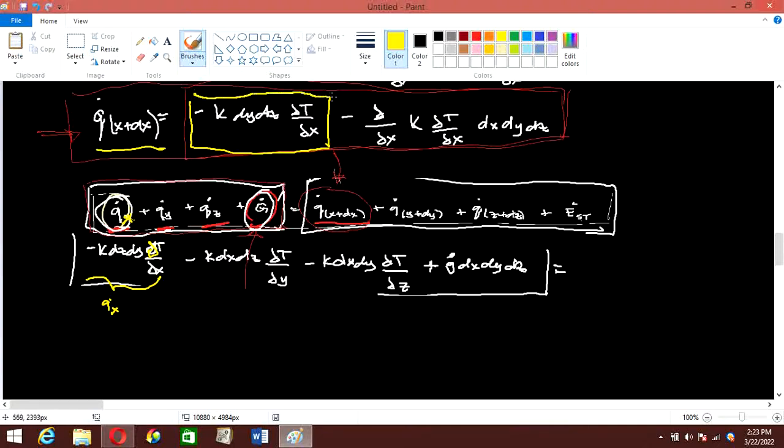So we have the similar expression. So let's check if we can cancel this out. Considering only the x, our qx is equal to q x plus dx, right?